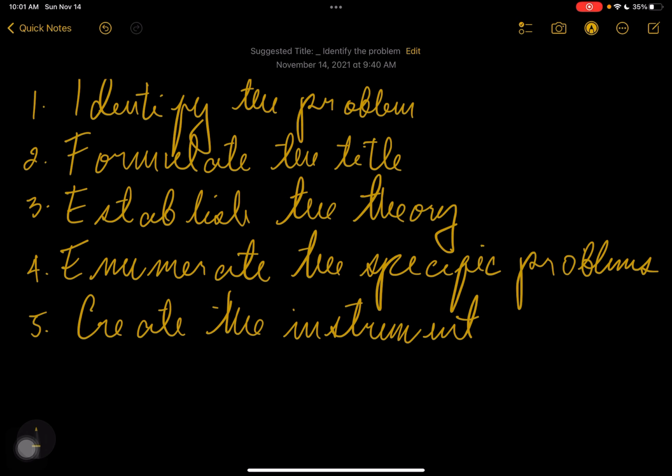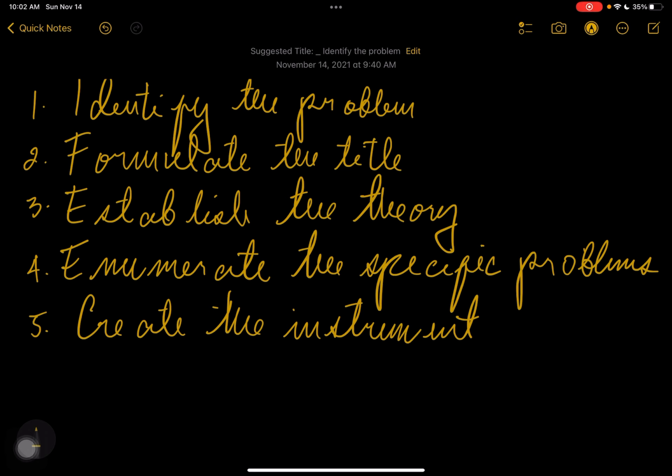You formulate specific problems that would help answer the general problem. Okay? So this is under element number 4, enumerating the specific problems. Again, the basic characteristic of specific problems is that they should help answer the general problem of your research.